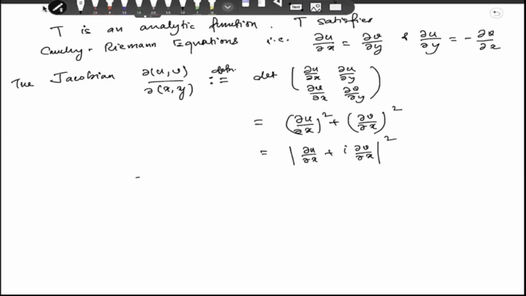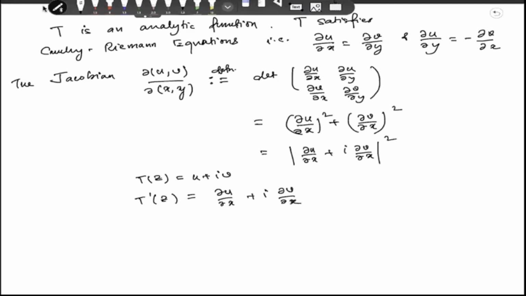Also note that T(z) is u plus i v, so T prime of z is del u del x plus i del v del x. I'm sure you have seen this computation in a complex analysis course.